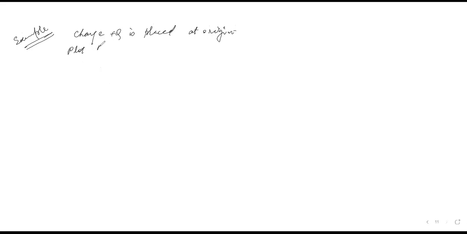Then plot the E versus X graph for X less than 0 and X greater than 0.